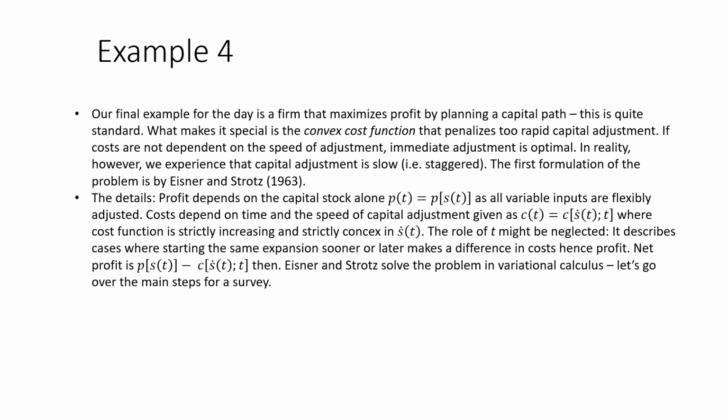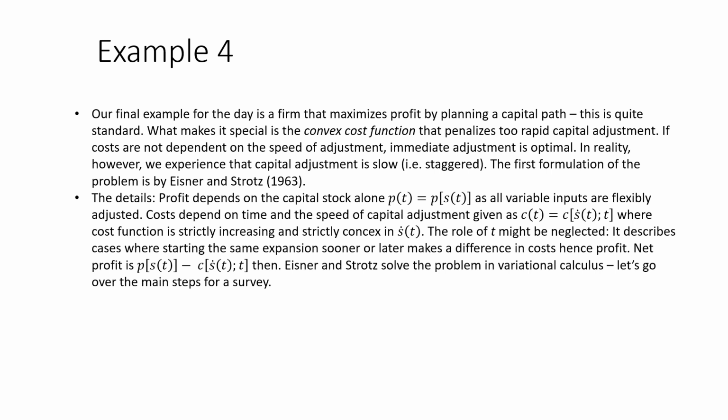In this model, profit depends on capital stock alone. This seems to be a very harsh simplification, but even if we have multiple variable inputs, they can be optimized in terms of the capital stock, so they can be adjusted to the current level of the use of the capital stock.